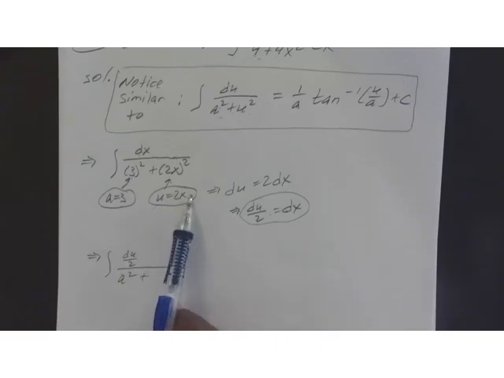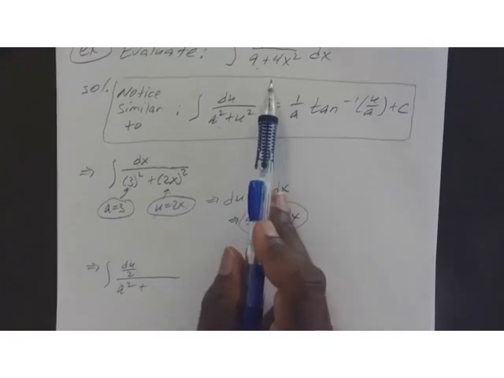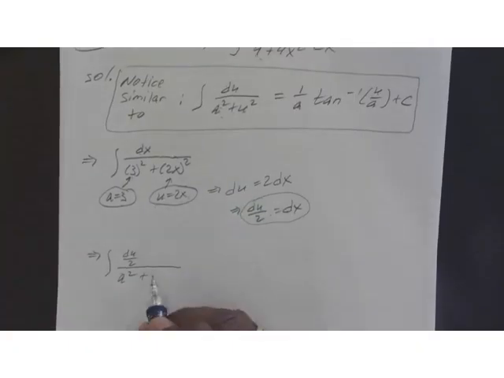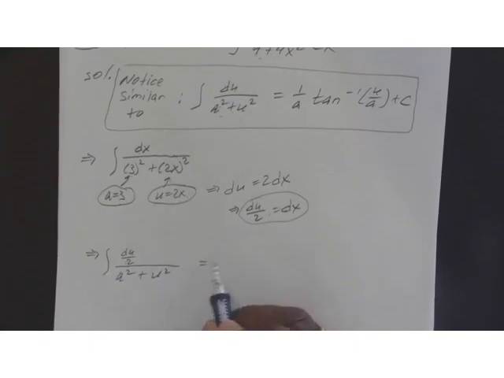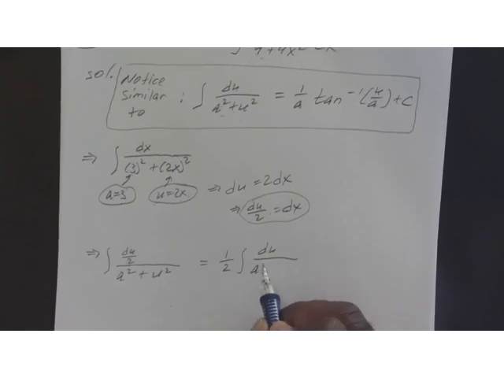Plus 2x squared. 2x times 2x is 4x squared, so we did find that. So that du over 2, we can get that 1/2 and factor it out to the front. So that's 1/2 times the integral of du divided by a squared plus u squared.